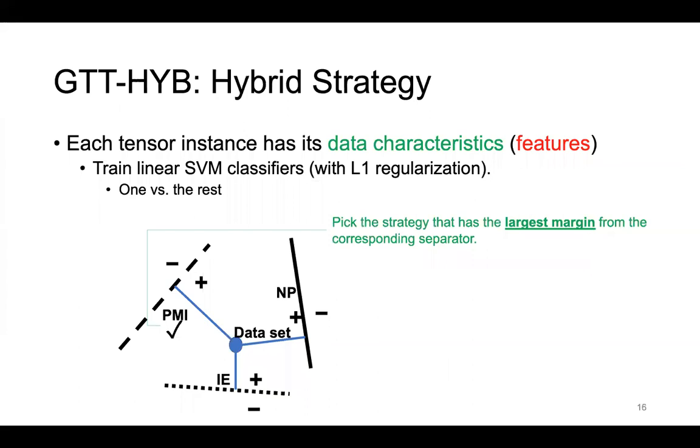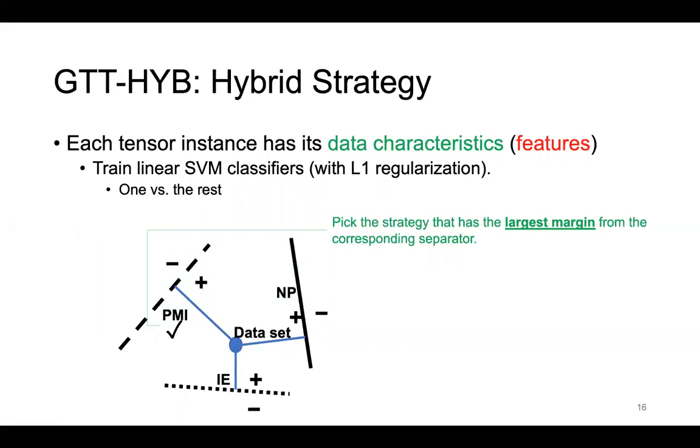So the GTT hybrid means, as we mentioned before, we consider that a tensor instance has this data feature. So once we have this feature, we can train a linear SVM classifier for each selection strategy. So for example, we have PMI, AMI, and IE selection strategies.